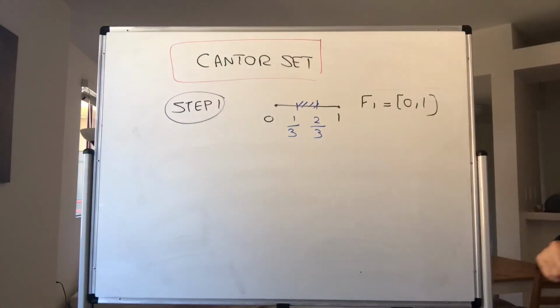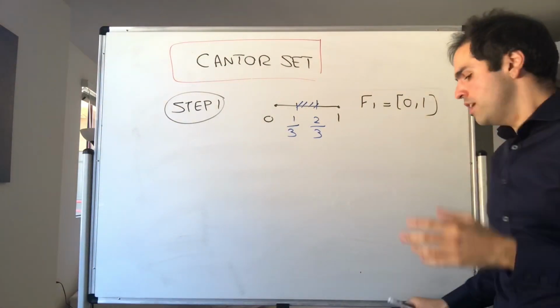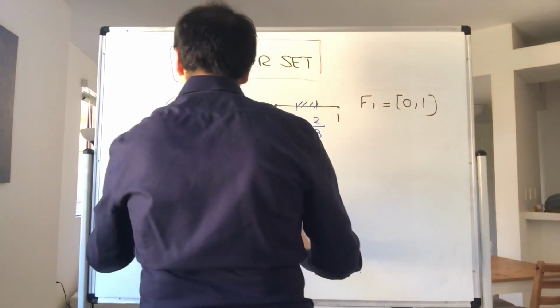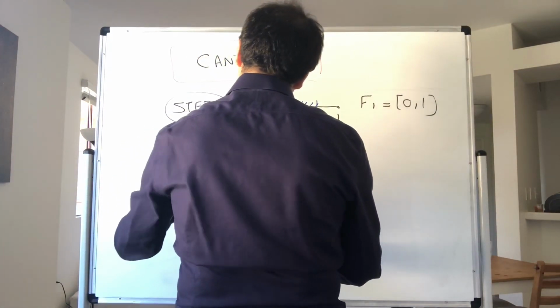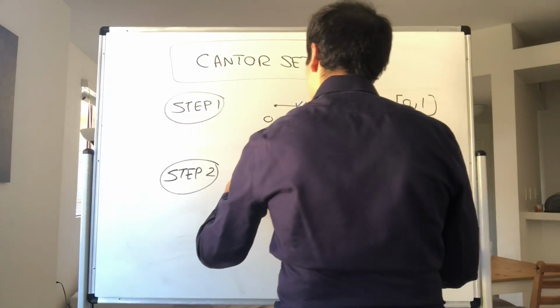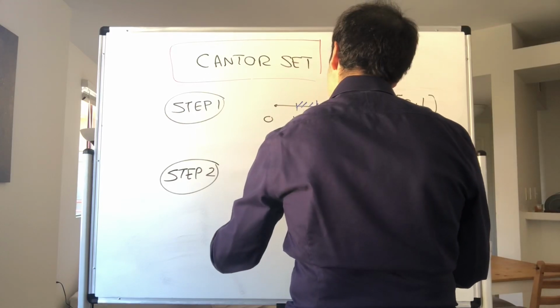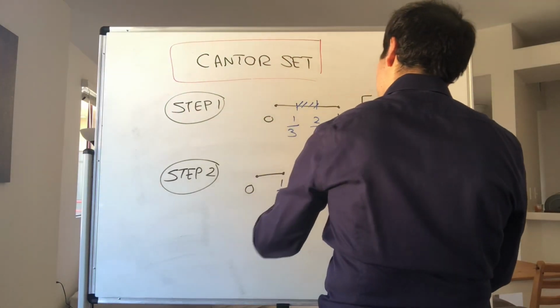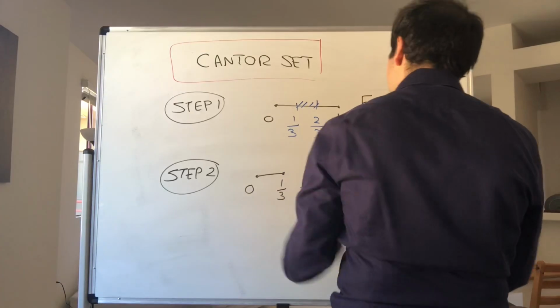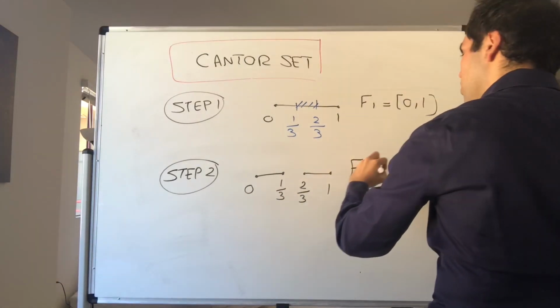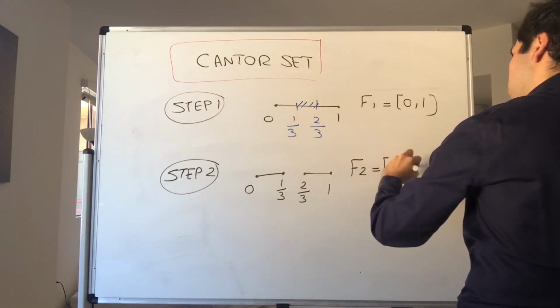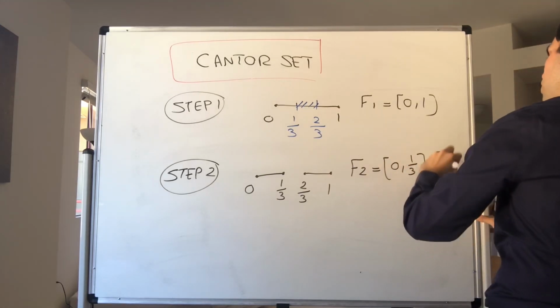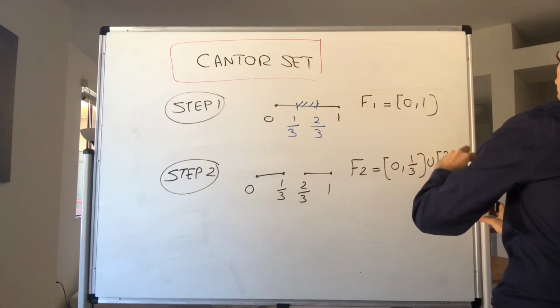Once you remove it, you get 2 subintervals, and those will be called F2. So step 2, you have the 2 subintervals, [0, 1/3] and [2/3, 1], and then you just get F2, which is [0, 1/3] union [2/3, 1].